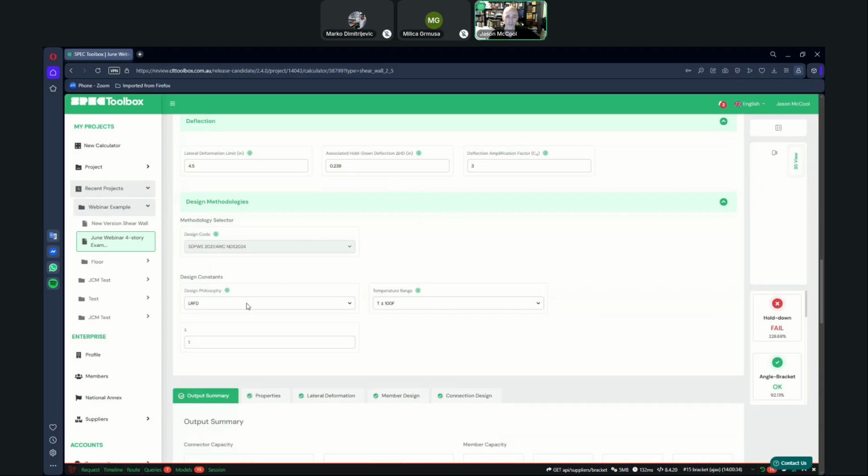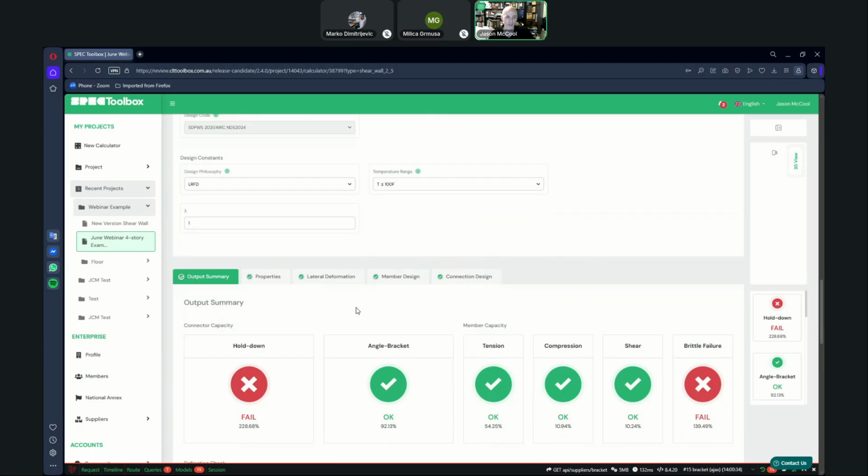And you can see I'm using LRFD here. You can do ASD or LRFD in SPEC Toolbox. I'm using LRFD just because everything's geared towards LRFD for seismic anyway. You're going to be doing that for your concrete anchorage, and even your deflection for your hold downs is at LRFD load combos, so it just makes sense to do that.